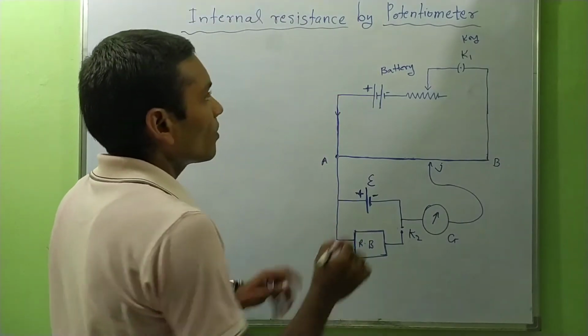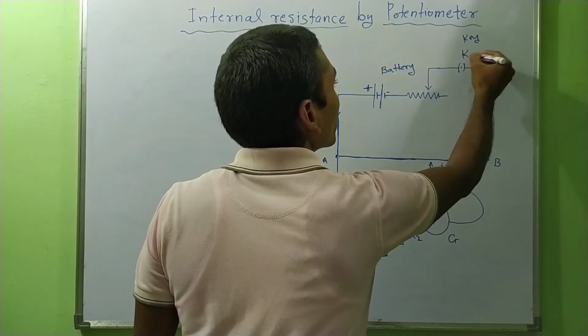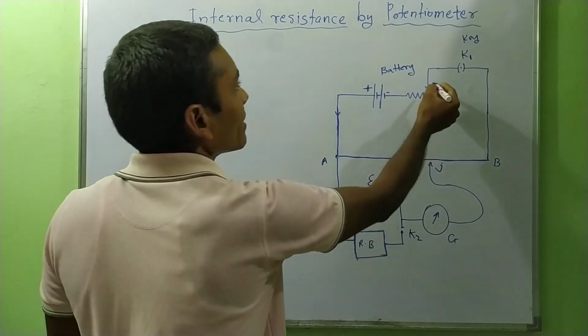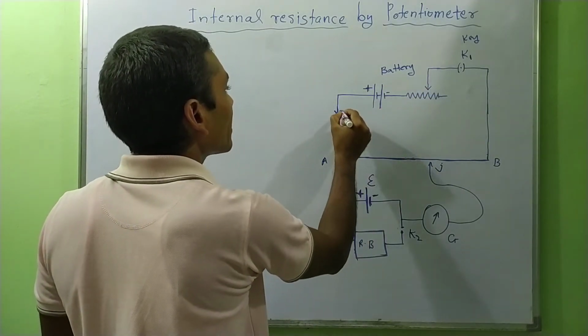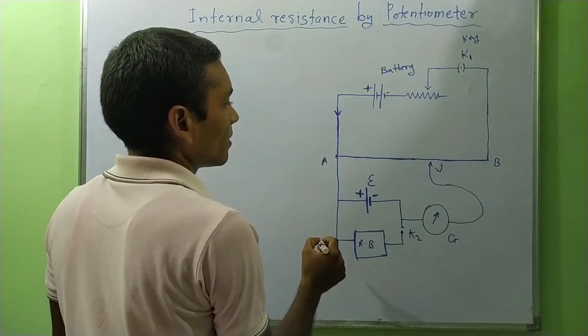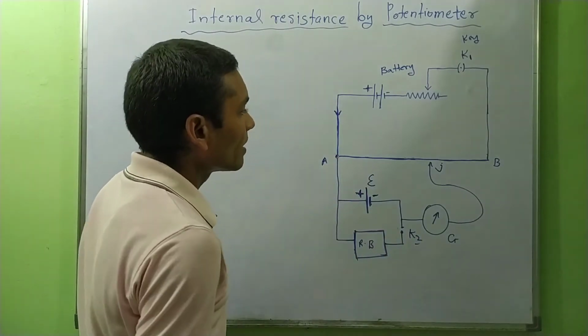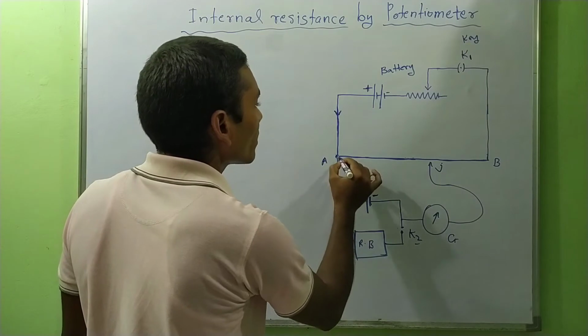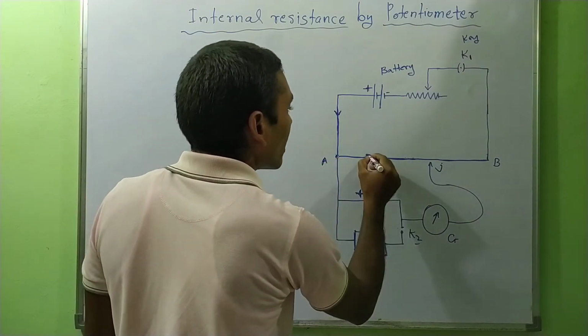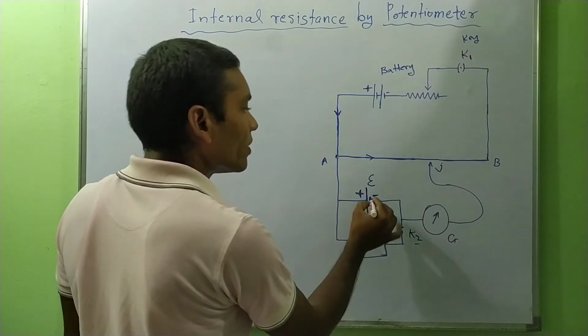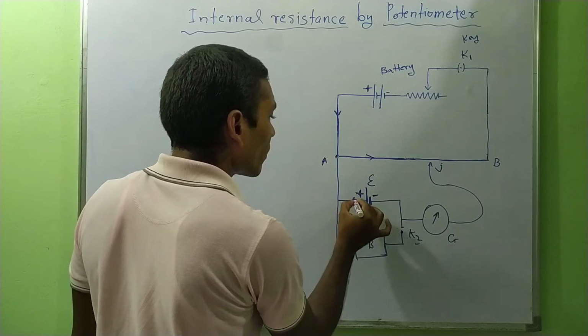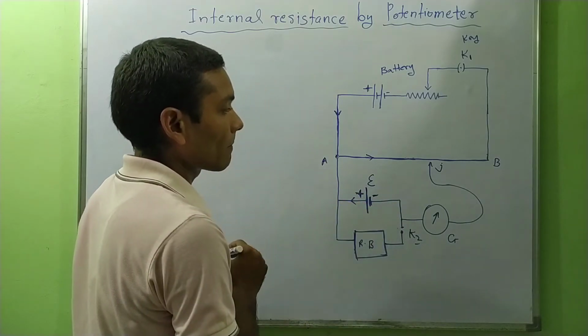Now when K1 is closed, current flows through the wire along this direction. If the K2 key is opened, the current will flow through the AB wire along this direction, and due to this cell, current will flow along this direction.